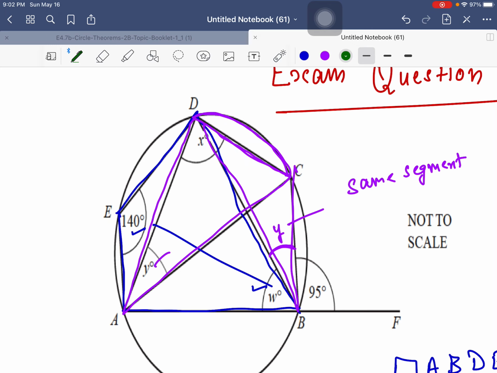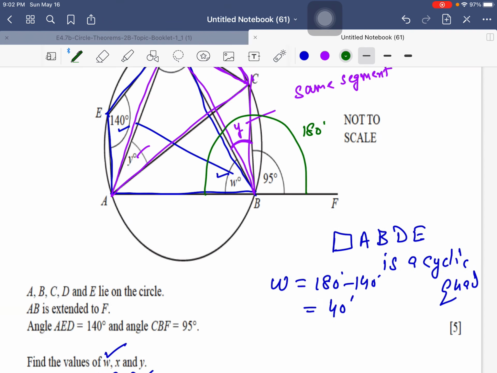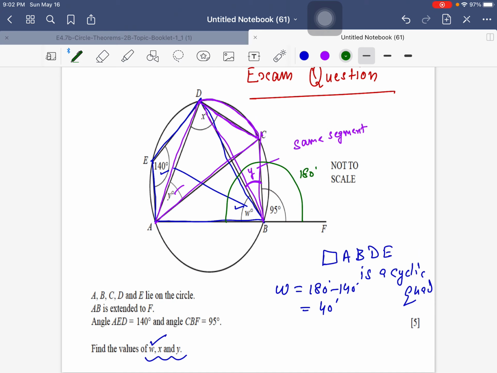Now further we can see that ABE is a straight line, so this is a 180 degree angle. From here we can find the value of Y easily. We found that W plus Y plus 95, these three angles are on a straight line and add up to 180 degrees. Because W is 40, we can plug in here: 40 plus Y plus 95 is equal to 180.